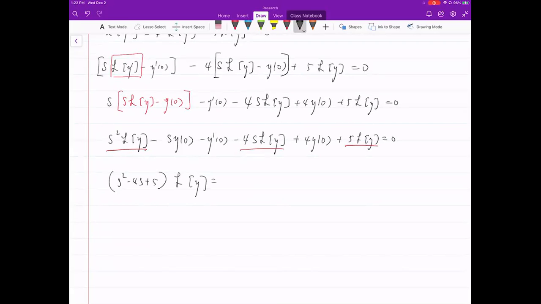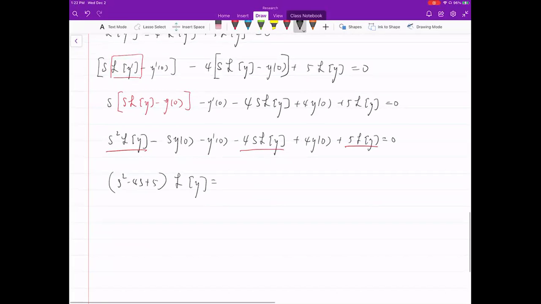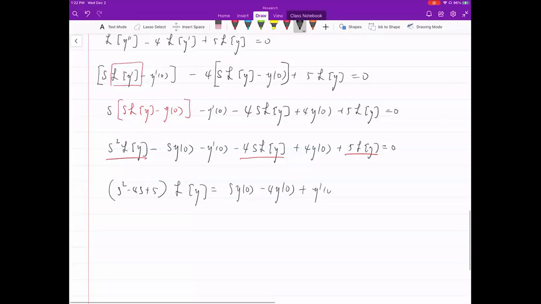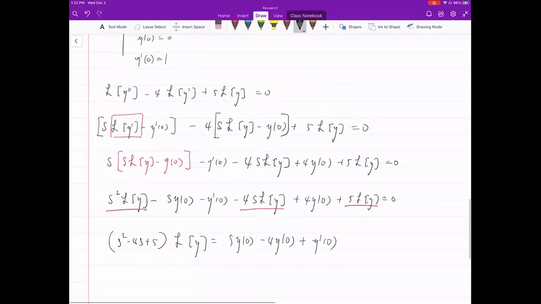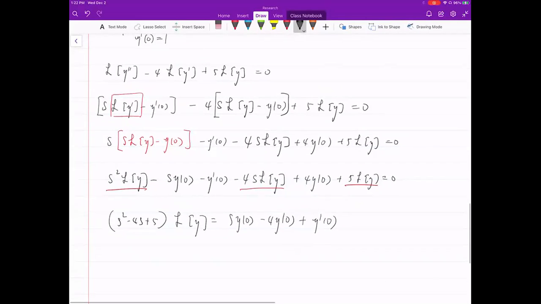equals s y(0) minus 4 y(0) plus y'(0). Yes.